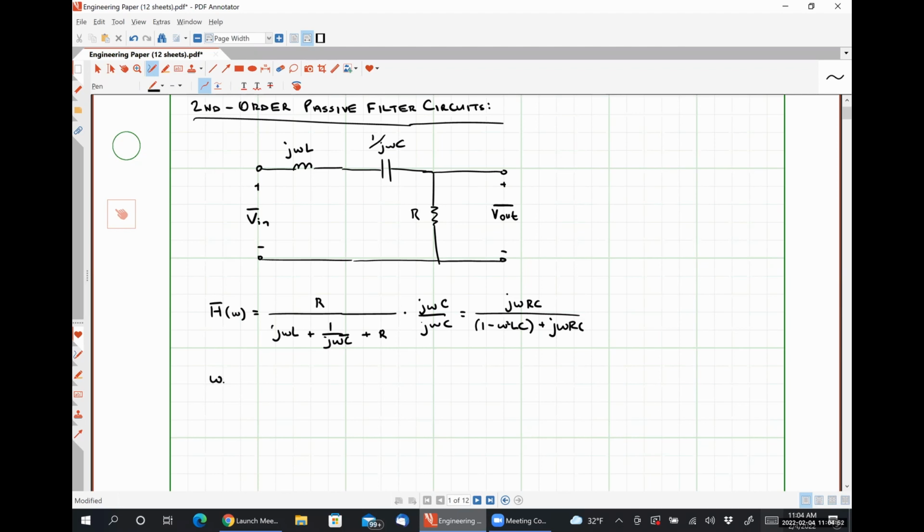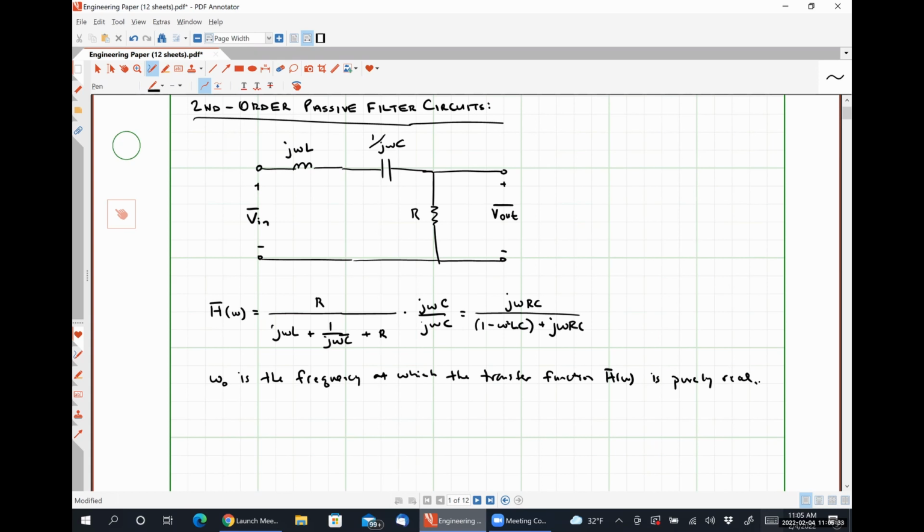So for a filter, omega naught is the frequency at which the transfer function H of omega is purely real. So that means that all of the imaginary parts effectively cancel each other out.